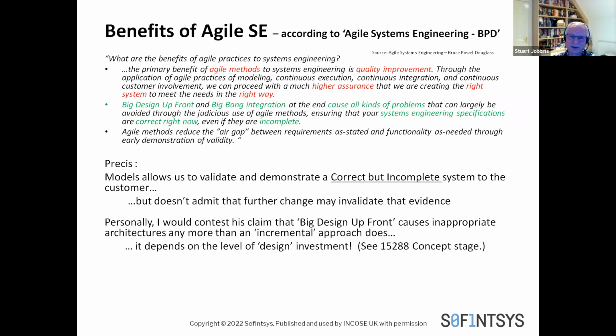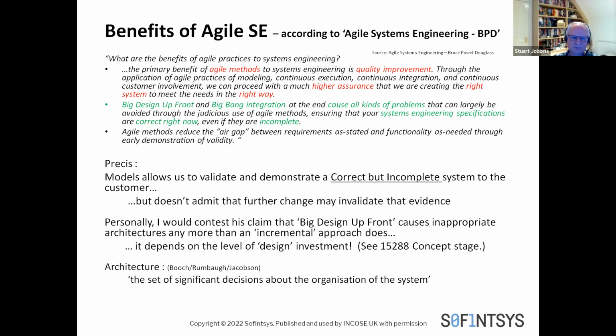I'd also contest his claim that big design up front causes inappropriate architectures any more than an incremental approach does. I think it really depends on the level of design investment. To me, getting the concept right, getting the partitioning right, looking for the coherence and cohesion type arguments is really important in making sure that I'm getting an optimal solution.